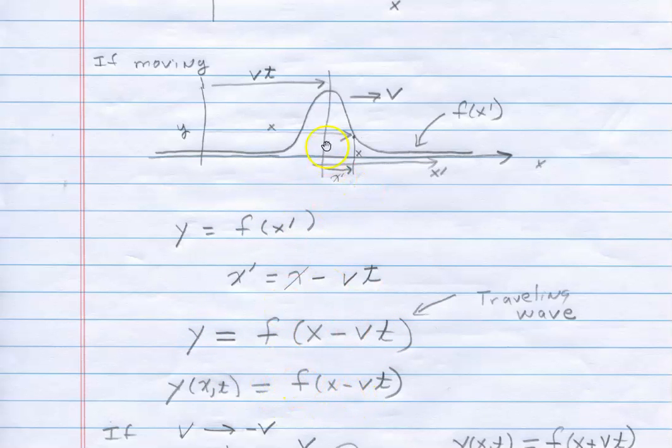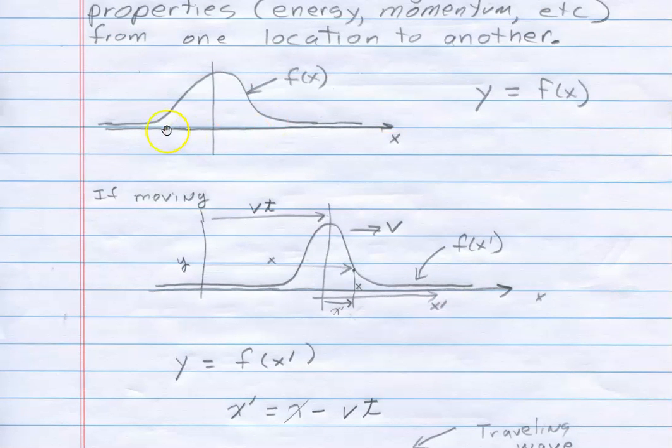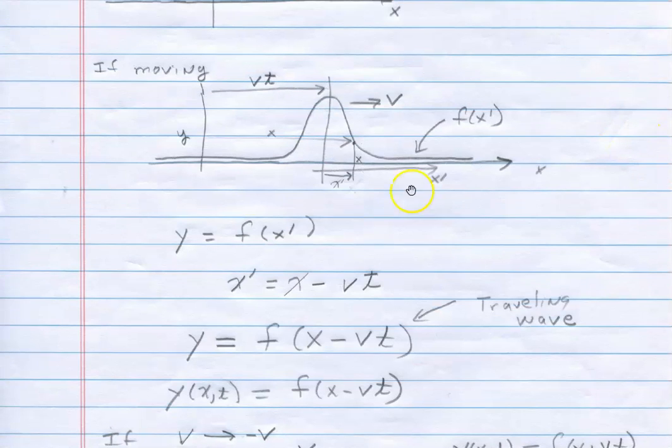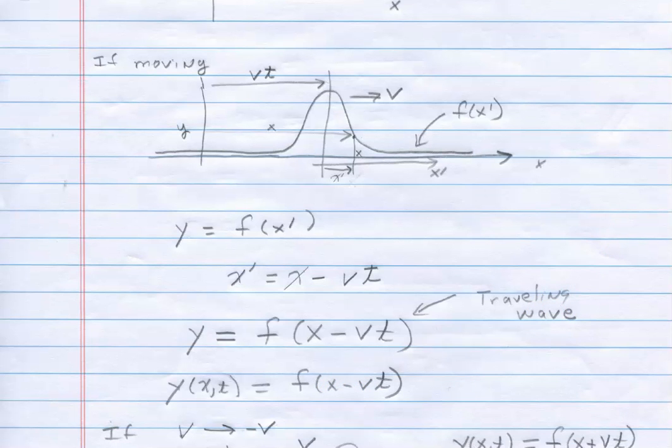Assuming I'd taken this original photograph and fit it with a nice curve, that would give me the height at any position x and any time t as just my original function with the argument x minus vt. So these are traveling waves.